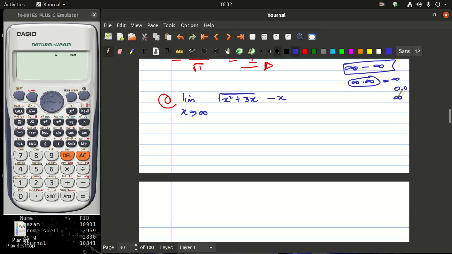Or we want to get infinity over infinity, or 0 over 0, because we know that if we are falling in these two, we can always use L'Hopital's rule. We can factorize, we can rationalize, we can use L'Hopital's rule if we are facing this, but L'Hopital's rule is always powerful, as I've said.